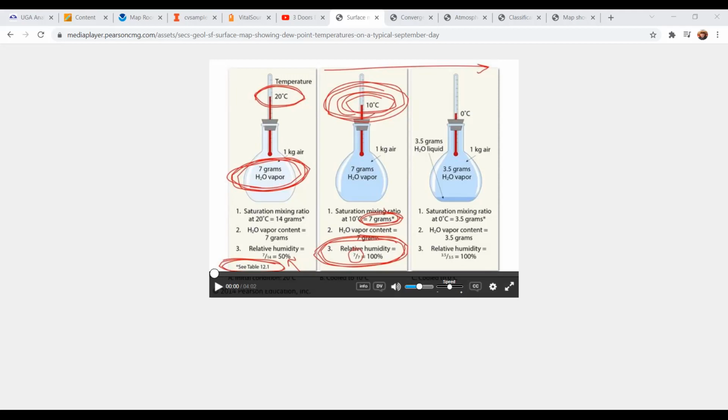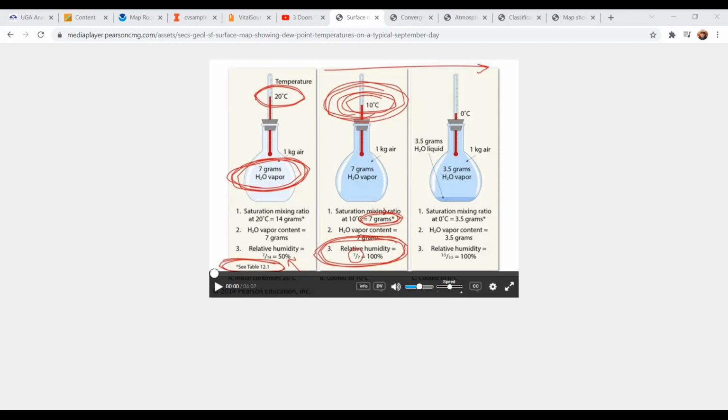Now, in your book on page 521, there's a little demonstration of measuring what's happening as we get water vapor, as we become saturated. So you've got figure A, your initial conditions.